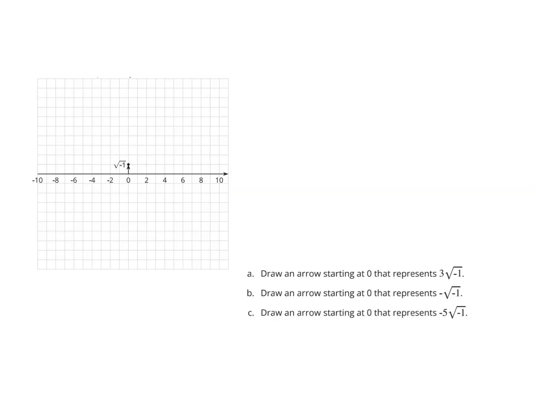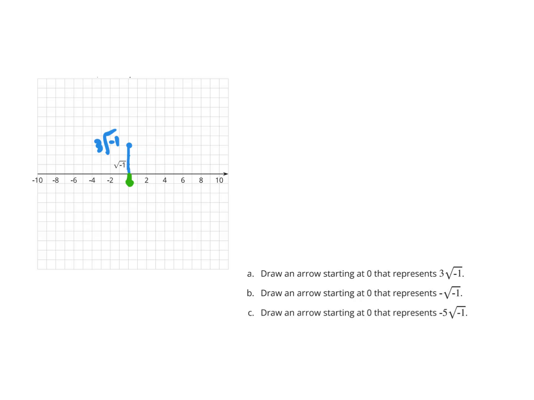Now, let's look at some other numbers that are imaginary. So draw an arrow starting at 0 that represents 3 square root of -1. So 1, 2, 3 is right there. So that would be right there. That's 3 square root of -1. Draw an arrow starting at 0 that represents negative square root of 1, which is right there.